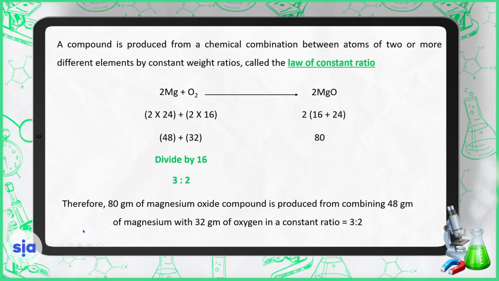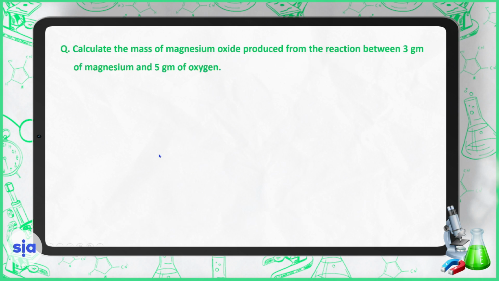Therefore, 80 grams of magnesium oxide compound is produced by combining 48 grams of magnesium with 32 grams of oxygen. This ratio is constant. The 3 to 2 ratio is constant, and we call it the law of constant ratio.